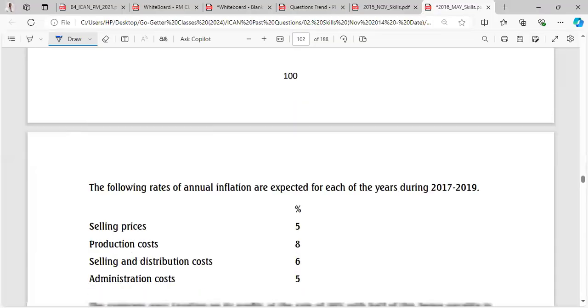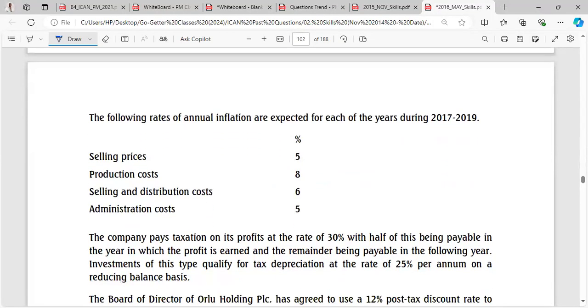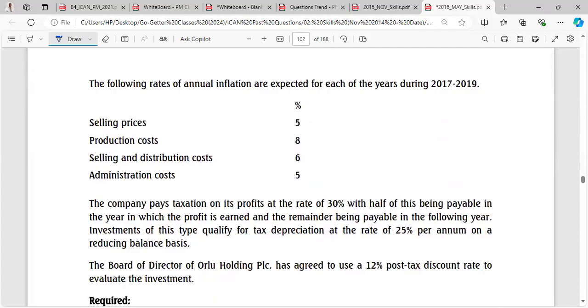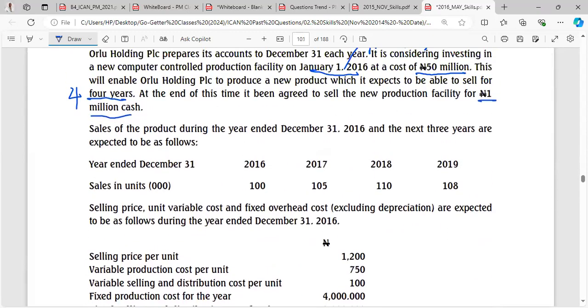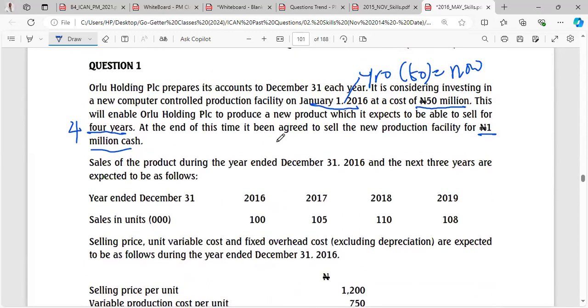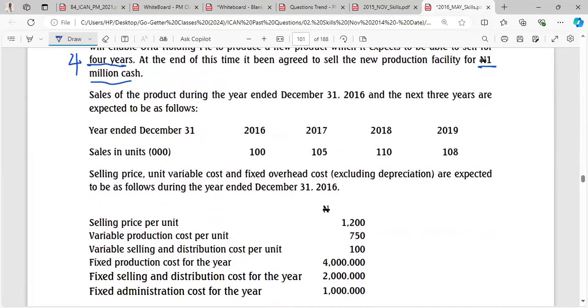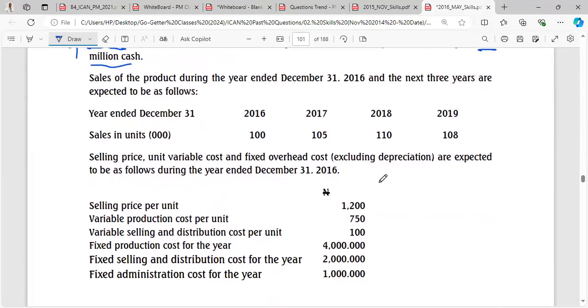Now, how do we know it is a discounted cash flow? They didn't tell us anything relating to the company's cost of capital.